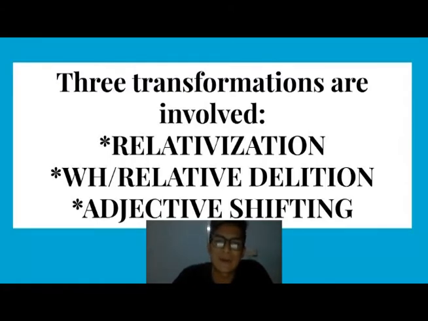One example of WH relative deletion, we can say tengo un auto azul, omitting el que in this case. But adjective shifting is not possible in Spanish because it would sound ungrammatical. We cannot say something like tengo un azul auto. It's not possible.